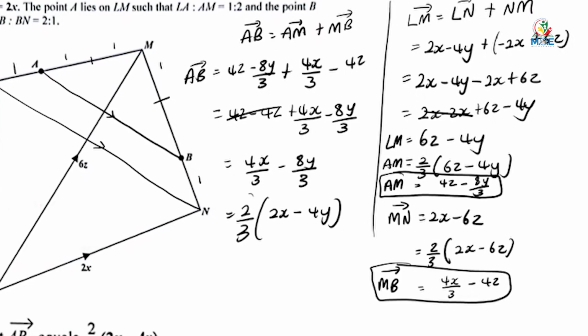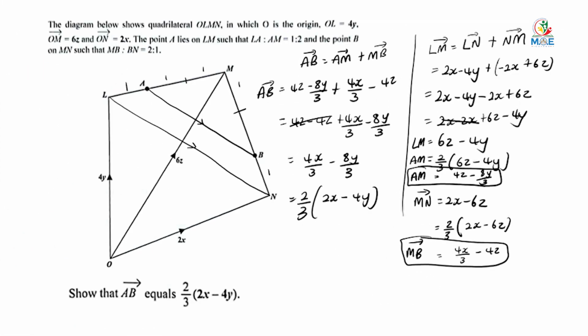If you multiply 2 over 3 by 2, you'll end up with 2 times 2 is 4, so you'll end up with 4 over 3 x. This is what we had at the top here. And if you multiply 2 over 3 by 4y, you'll end up with 2 times 4 would be 8y over 3. So this is the answer after we finish factorizing.